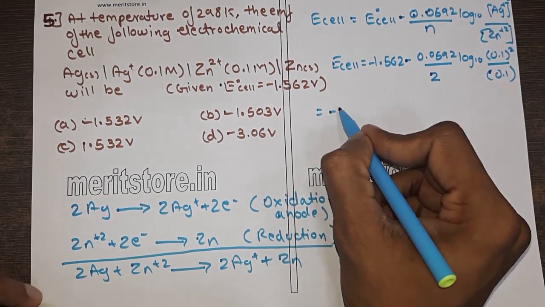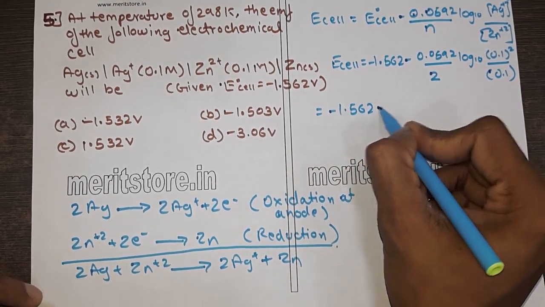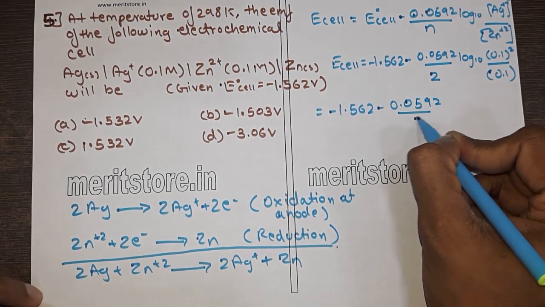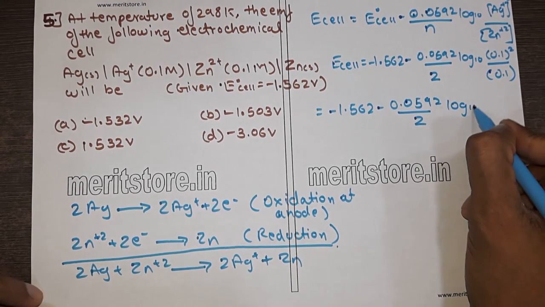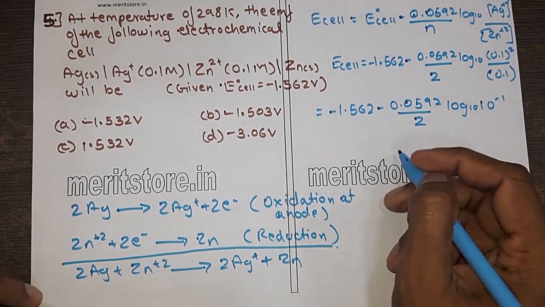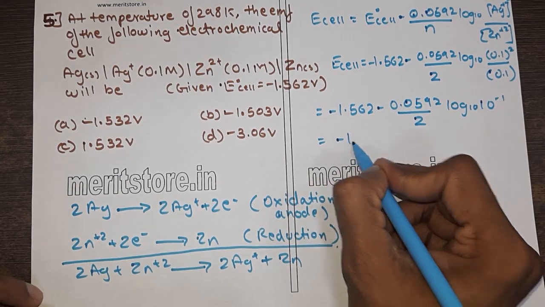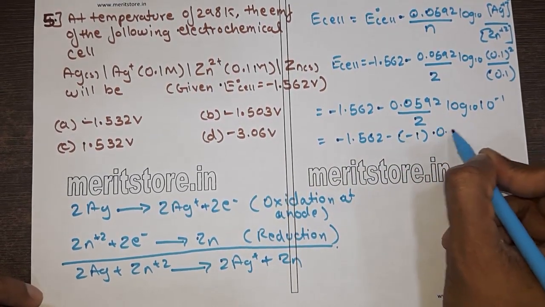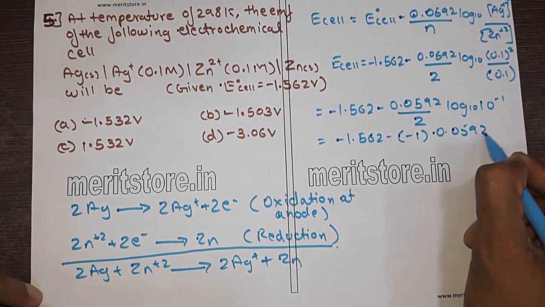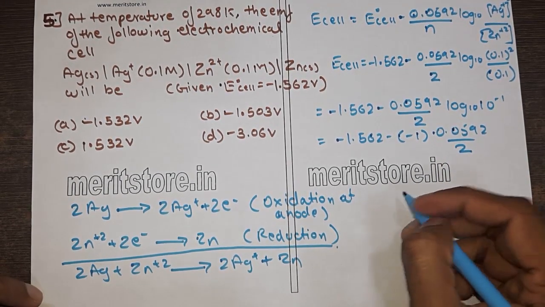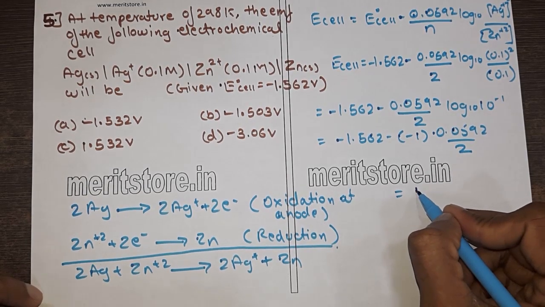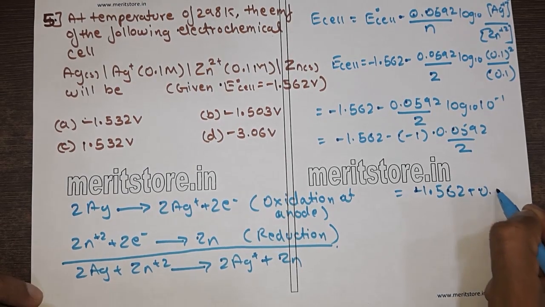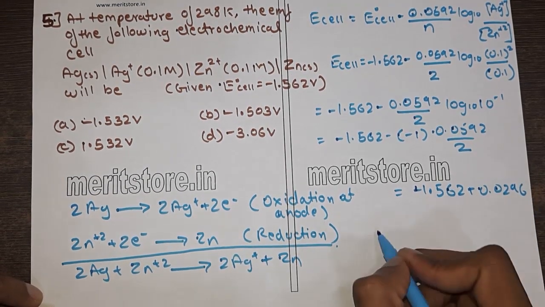which is equal to minus 1.562 minus 0.0592 upon 2, log to the base 10 raised to minus 1. Solving further, we get minus 1.562 plus 0.0296.